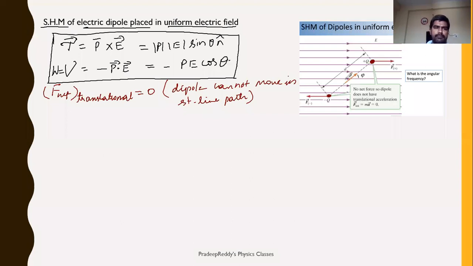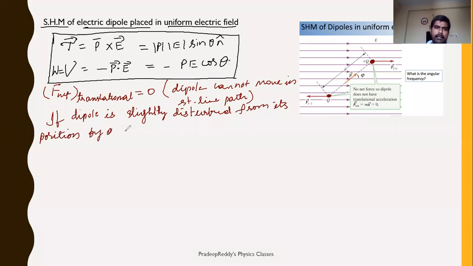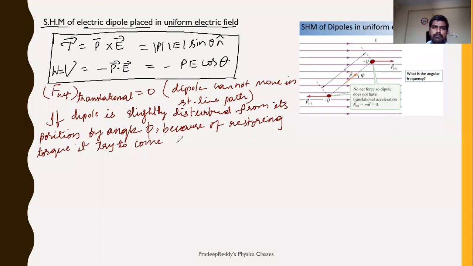So if the dipole is slightly disturbed from its position by an angle pi, because of the restoring torque, it tries to come back to its original position.